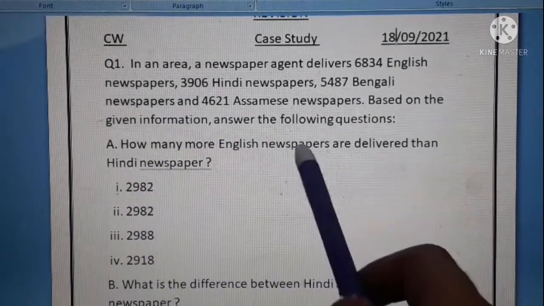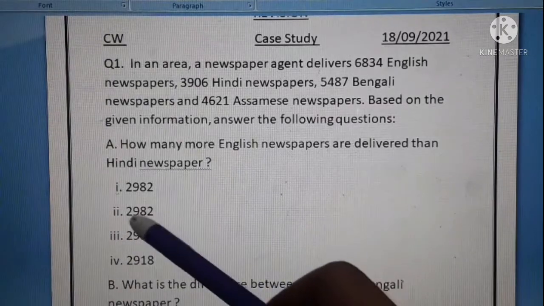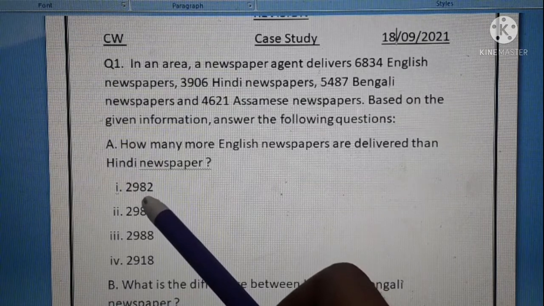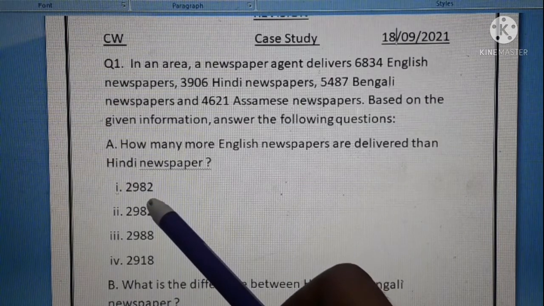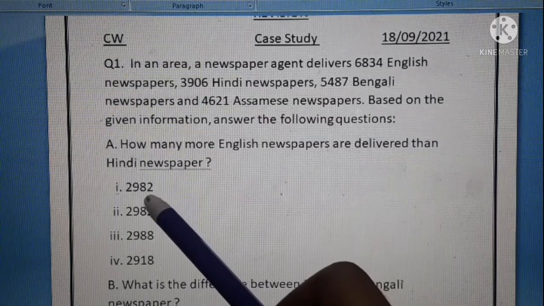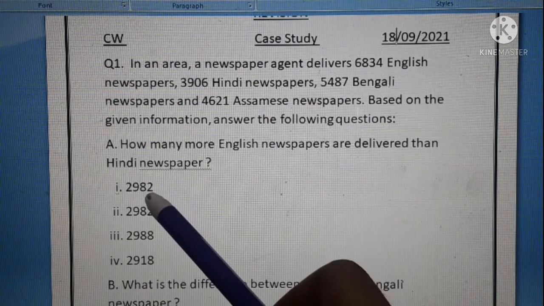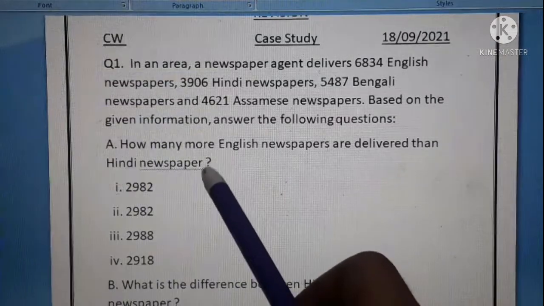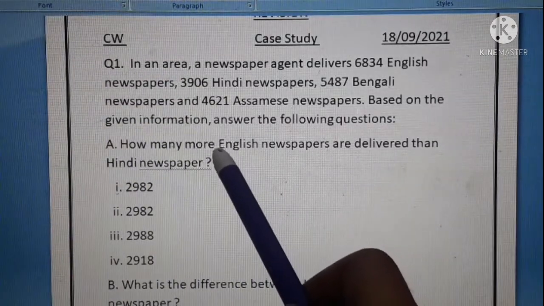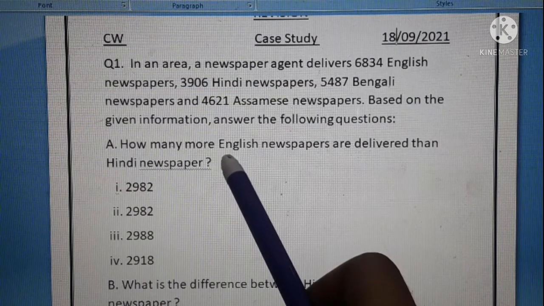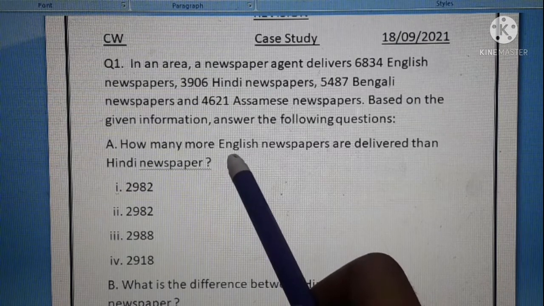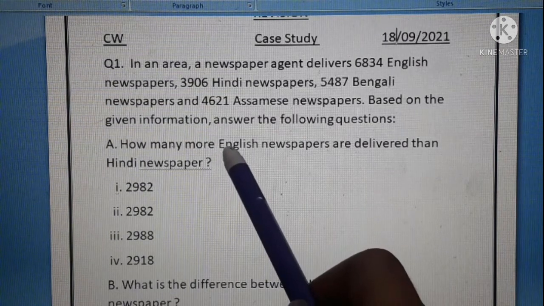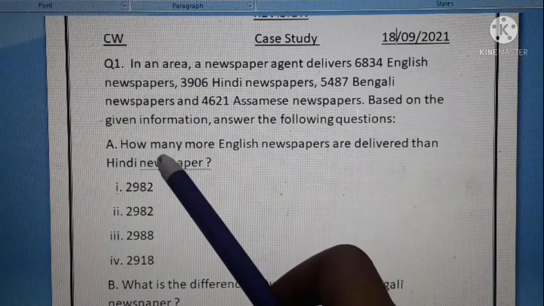You know children, when we compare any two things, when it is asked who is more or who is less and by how many more or by how many less, in case of comparison, we do subtraction. We find the answer by subtracting. One is in case of comparison and the other is when we find the remaining leftover.